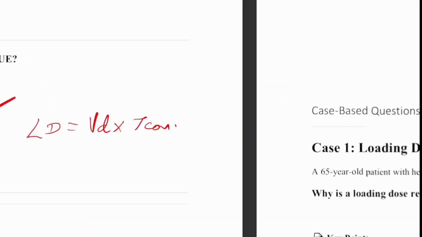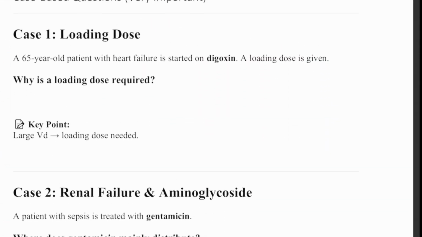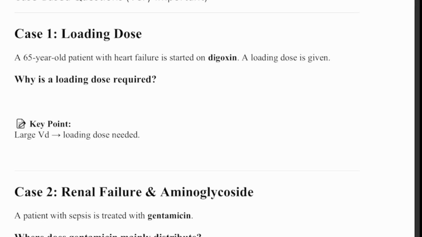Now we go into some case-based questions which are very important. A 65-year-old patient with heart failure is started on digoxin, and as we know, digoxin is a drug with a large volume of distribution, so a loading dose is given. Most of the drug goes into tissues.